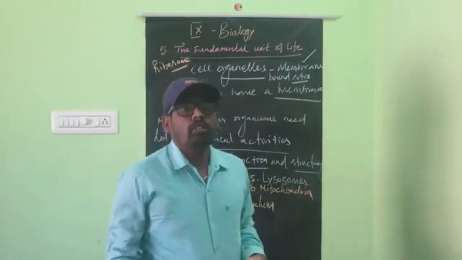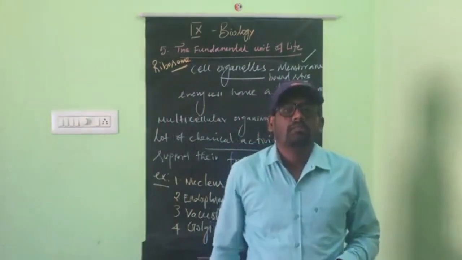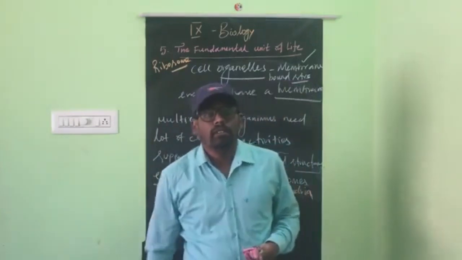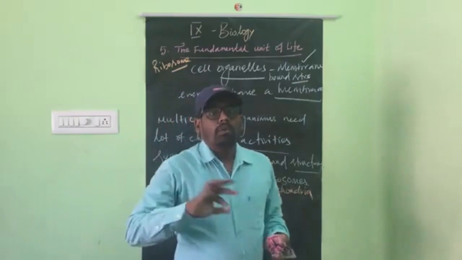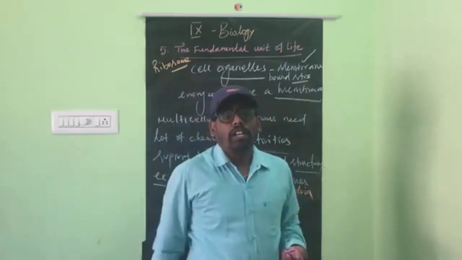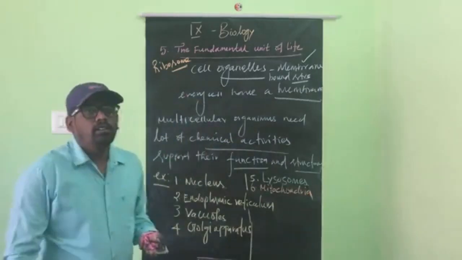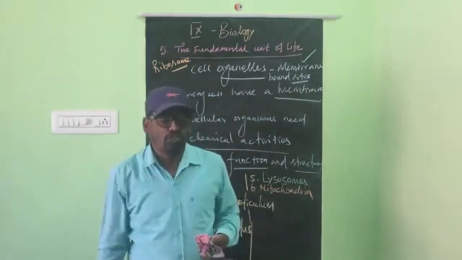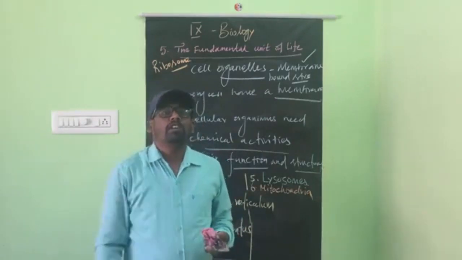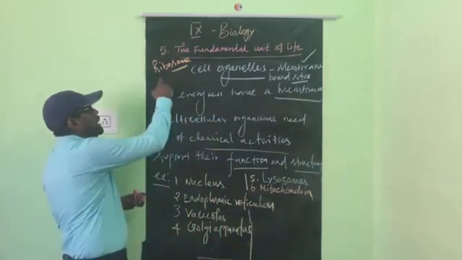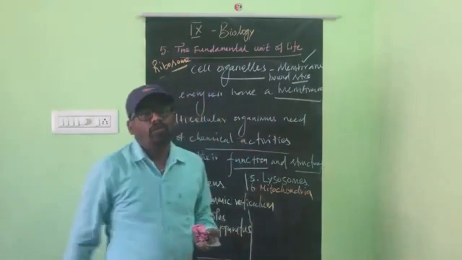Actually, the ribosome is not a cell organelle because it does not have any membrane, but it is very important for both prokaryotes and eukaryotes because it is involved in protein synthesis. Again, the ribosome is not a cell organelle; it is a granular structure present in both prokaryotes and eukaryotes, responsible for protein synthesis.